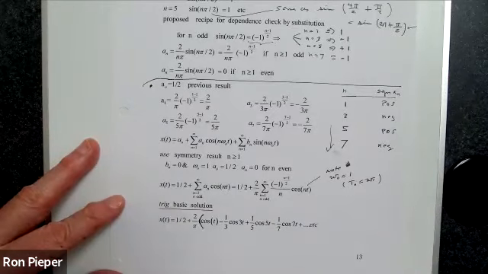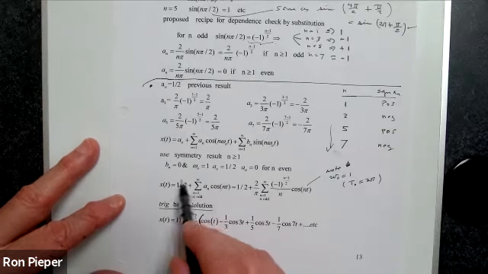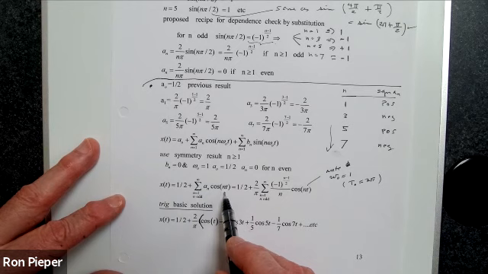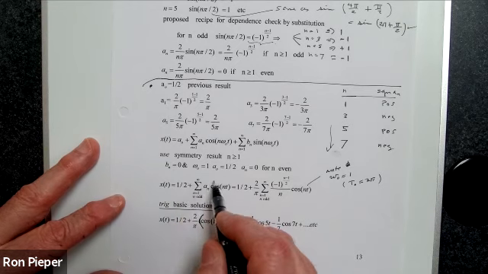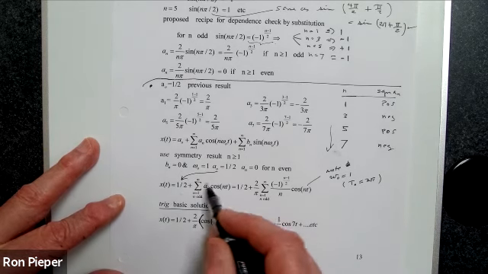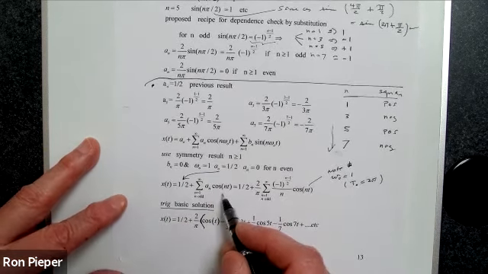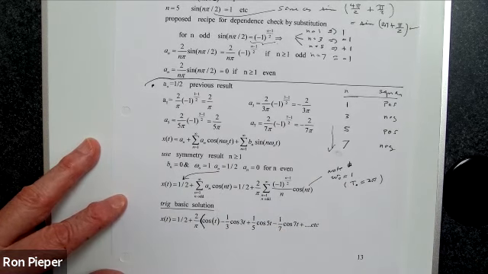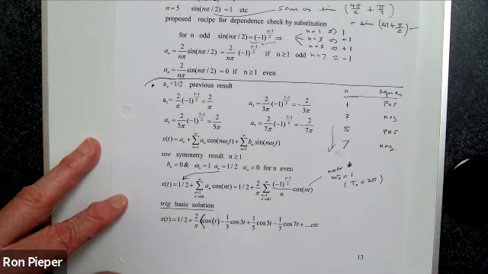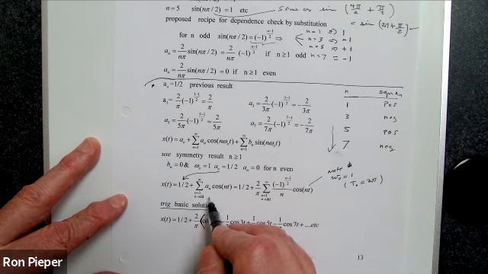So here is an intermediate step for the Fourier series. We've already taken into account that A0 is 1/2. We've already taken into account that since x of t is even, all the b n coefficients are 0, therefore there are no sines. And we know all the AN are zero for n even, therefore the only n that we need are the odd n.